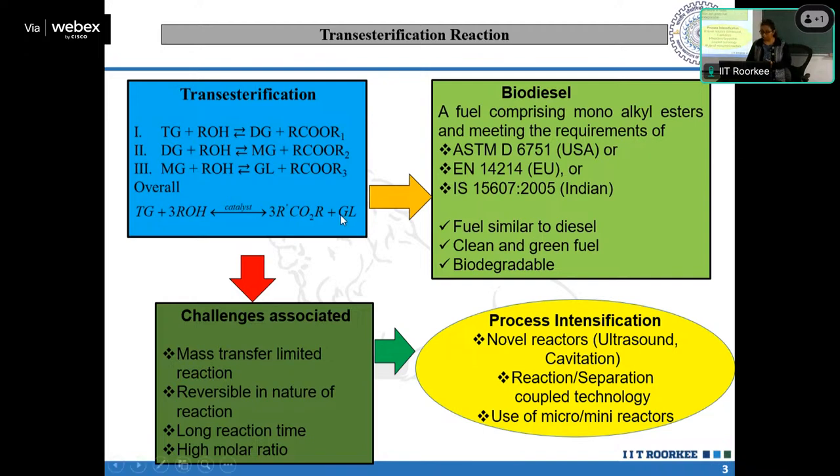The separation is another challenge, but that is okay. A high molar ratio can be utilized to shift the reaction more to the product side. But the major challenge is the mass transfer limitation, which results in long reaction time.